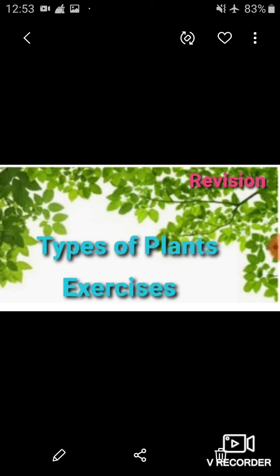Do you know how plants make their own food? Yes, plants make their own food with the help of light, air and water. So these are the 3 things that plants need to make food for themselves.